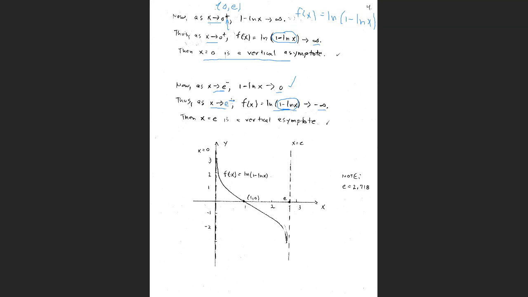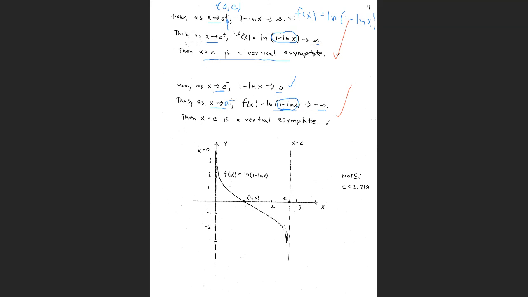So as x approaches e from the left, the function is going to go down, an asymptote down. On the other hand, as we approach 0 from the right, the function's going to asymptote up, goes to infinity.